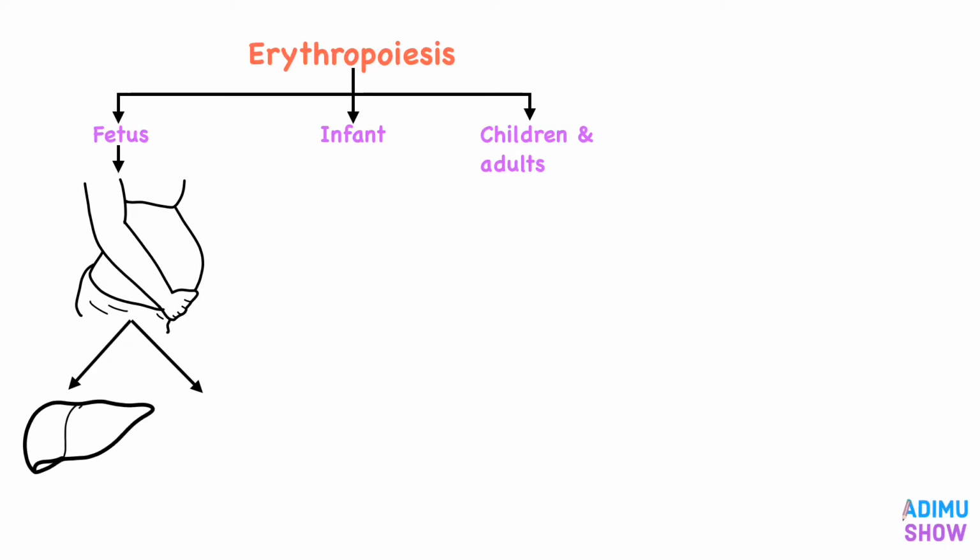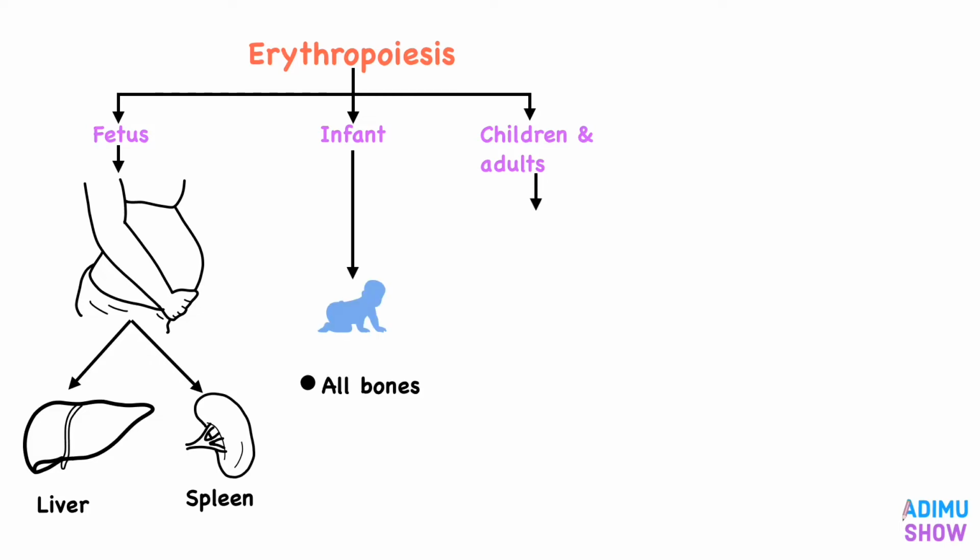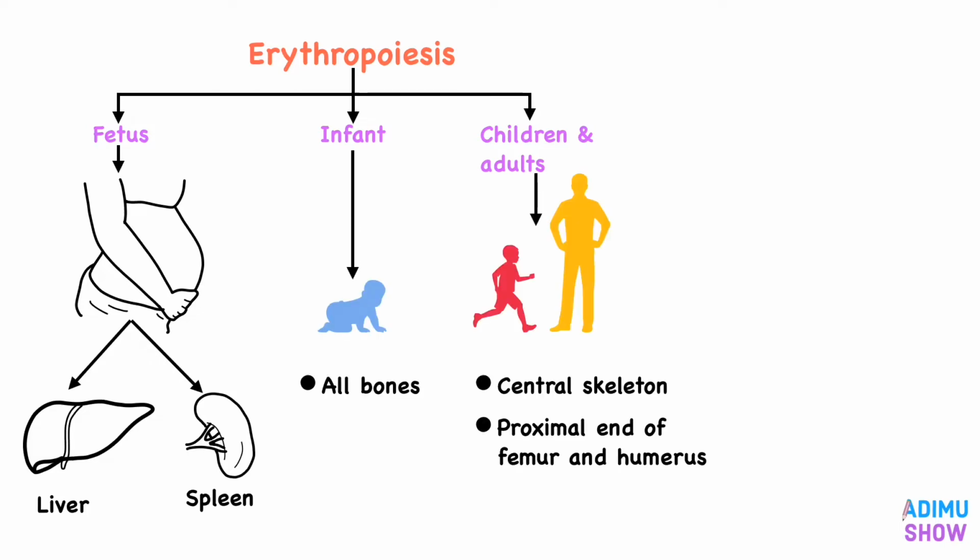In the fetus, red blood cells are produced in the liver and spleen. In infancy, bone marrow in all bones has the capability to produce red blood cells. But in adults, it's limited to the central skeleton and the proximal ends of the femur and humerus.